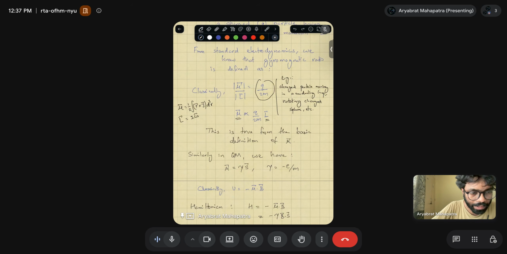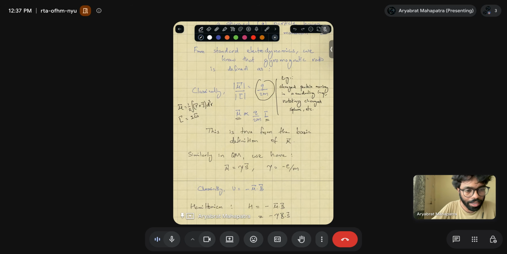Now, in quantum mechanics, when we are talking about quantum particles having spin, they also carry charge at the same time. Again, we can estimate a magnetic moment associated with them.